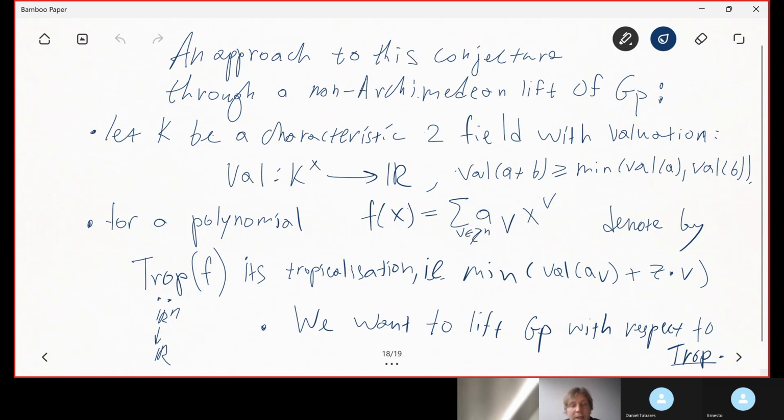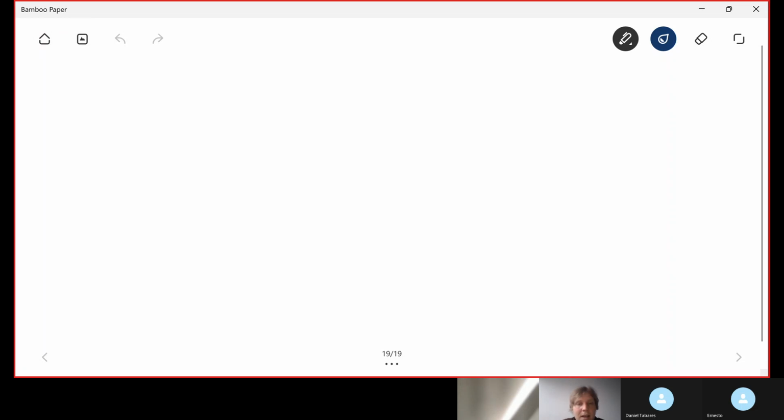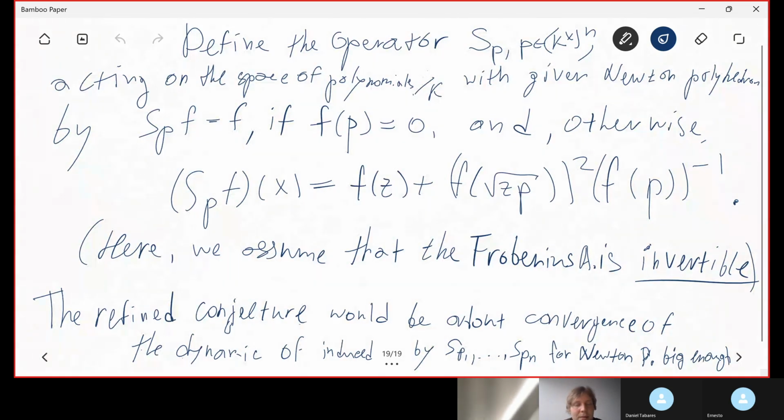And we want to lift GP with respect to the tropicalization. This is the formula which was found in 2 steps. First I found some wrong formula, and then Nikita found a correct variation of it. It is not perfect, but still it works. Not perfect because you need to specify 2 cases, but it's similar to what you did for GP.